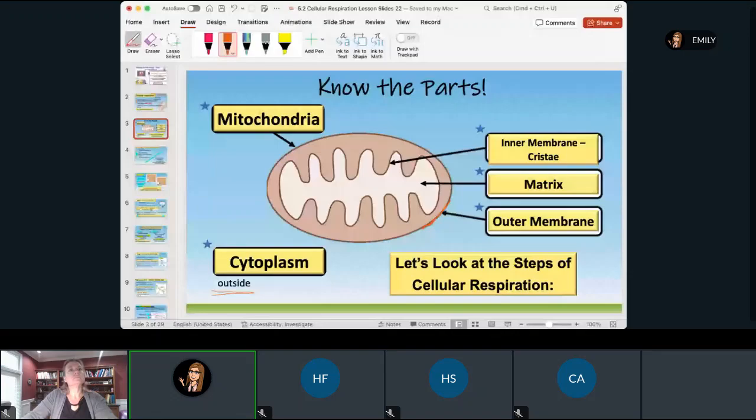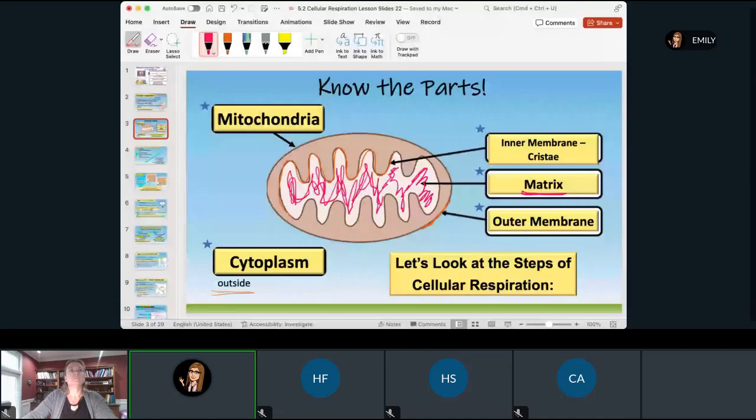We have the inner membrane, which is this part here. It kind of separates the filling from the outside. And then the matrix, I'll do this in a different color, is all of this space in here.